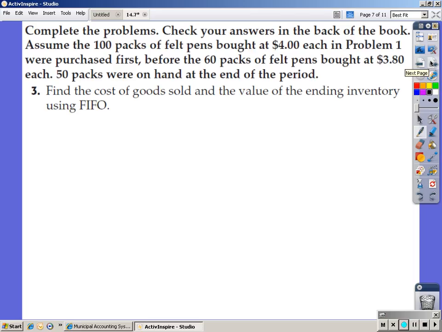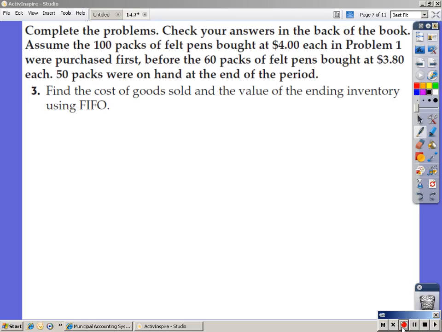Let's try problem 3 on your homework. Okay? Press pause, work this out. When you're ready to see it work, press play. All right, let's take a look at this. Now, this is back to problem 1. It says, assume the 100 packs of felt pens bought at $4 each in problem 1 were purchased first before the 60 packs of felt pens bought at $3.80 each. 50 packs were on hand at the end of the period.